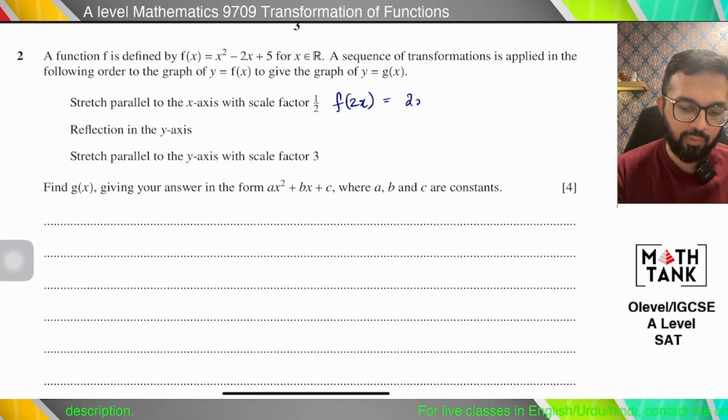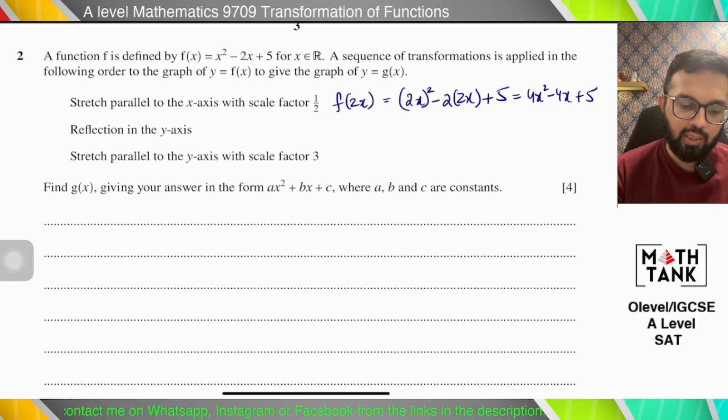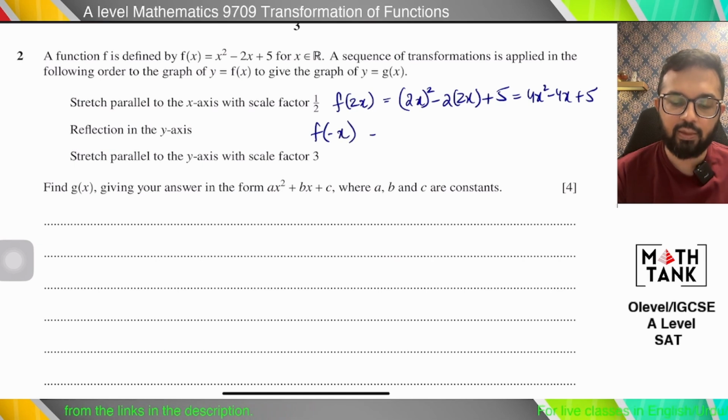In that case, it's going to become 2x squared minus 2 times 2x plus 5, and that gives me 4x squared minus 4x plus 5. Then it's a reflection in the y-axis, so that's f of whatever is inside. So it's going to be f of minus x in this case.